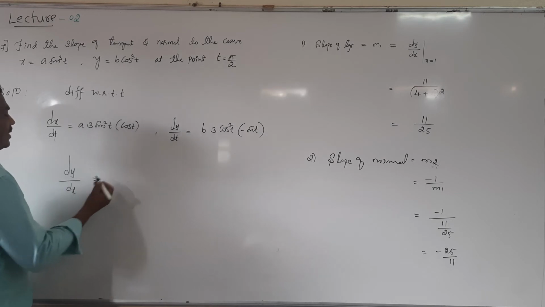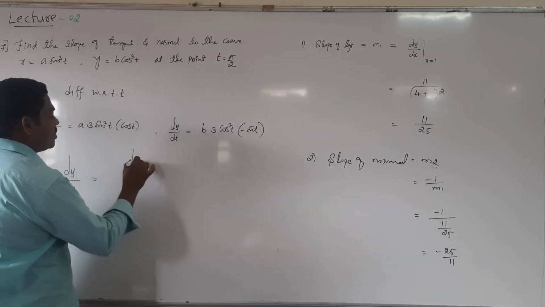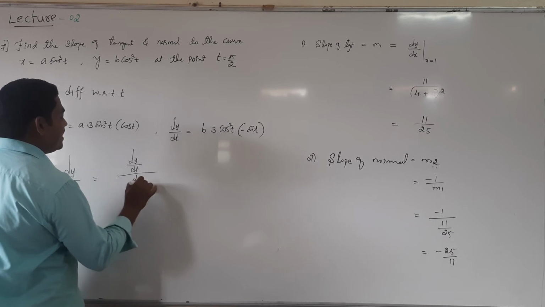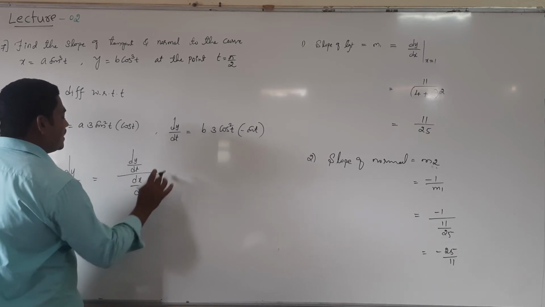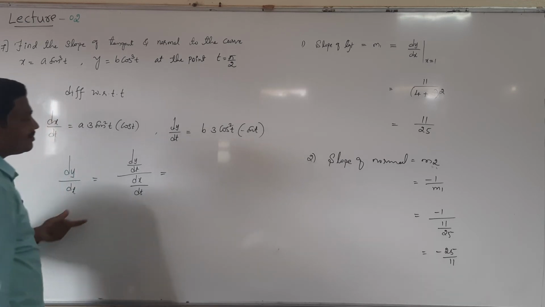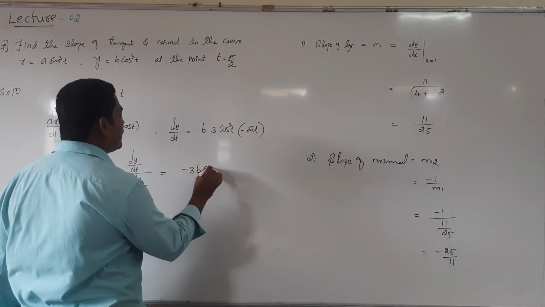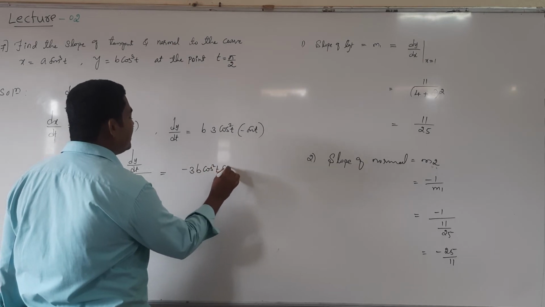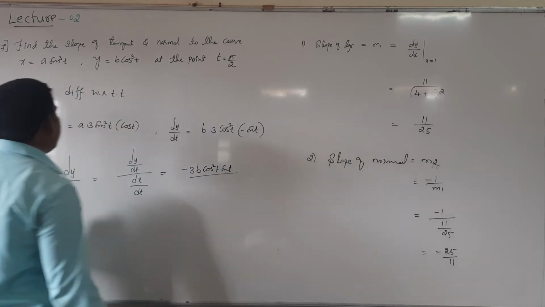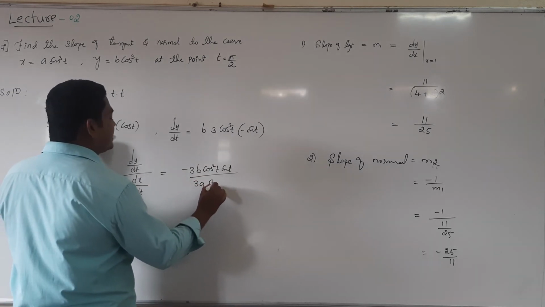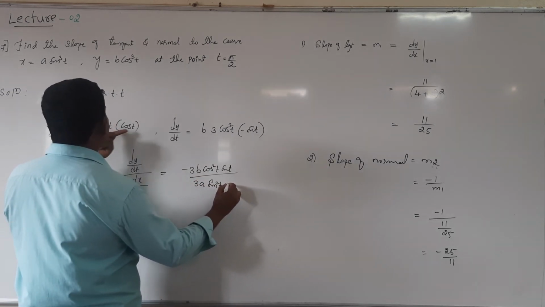You have formula dy by dx equal to dy by dt divided by dx by dt. Right? What is dy by dt? Minus 3b cos square t into sin t divided by 3a sin square t into cos t.